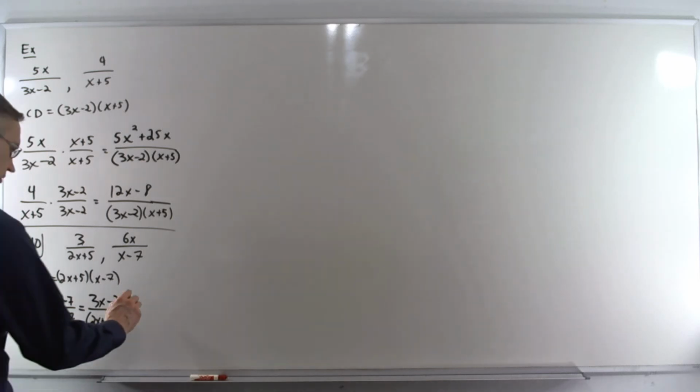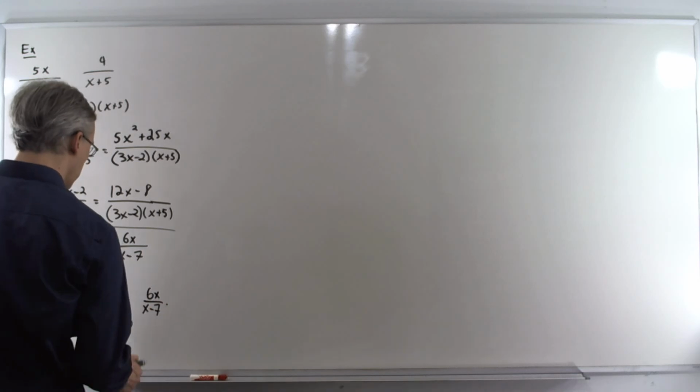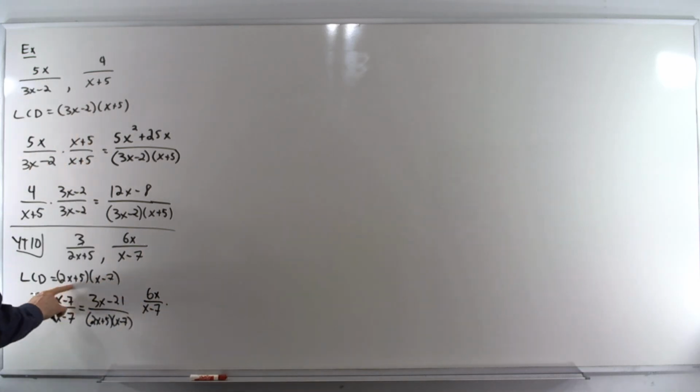For the second fraction, we got 6x over x minus 7. So we've got the x minus 7, we're missing 2x plus 5.